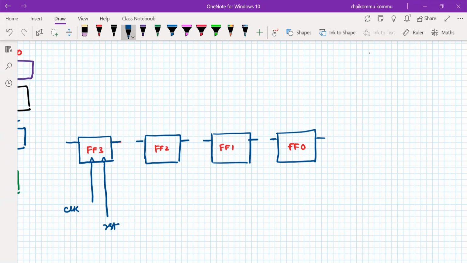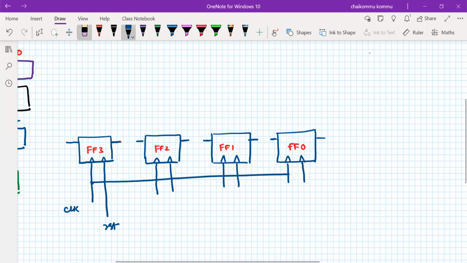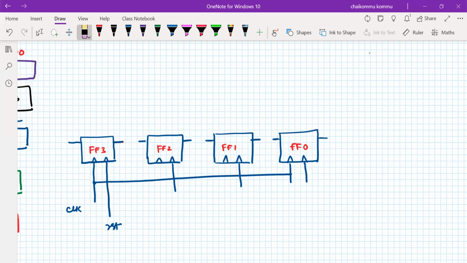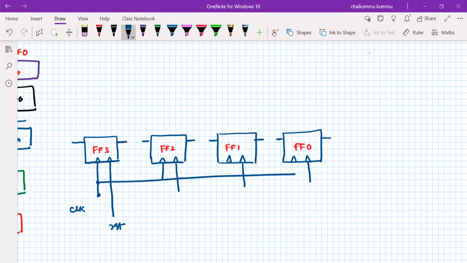Okay, so therefore everything as usual. This is the clock, this is the clock, this is the clock. Similarly, the reset signal is also observed here at this point.